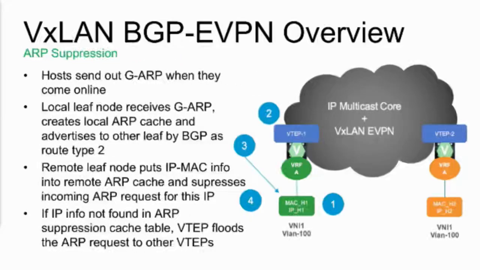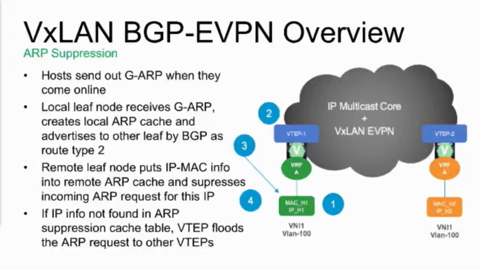ARP suppression. You want to get rid of unnecessary or unwanted flooding in the network, and ARP suppression does that. When a host comes up, it sends a gratuitous ARP request. At that point, the VTEP updates the remote endpoint. At the same time, it also updates the ARP suppression cache.